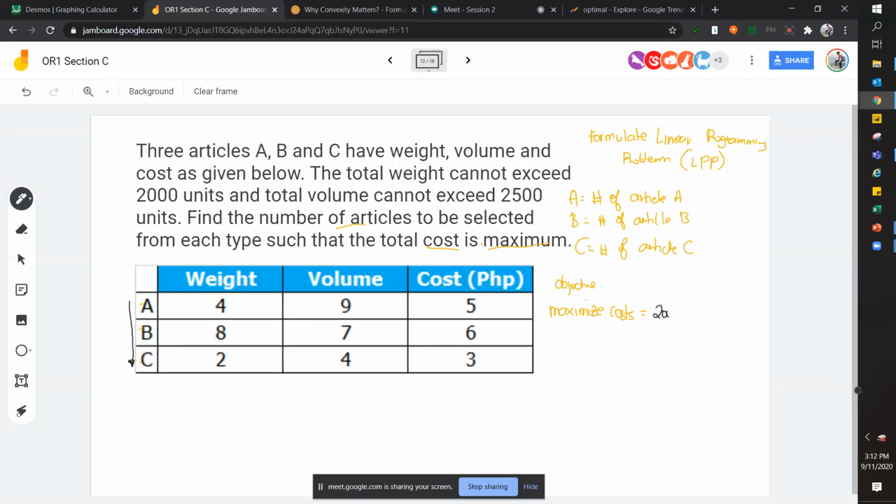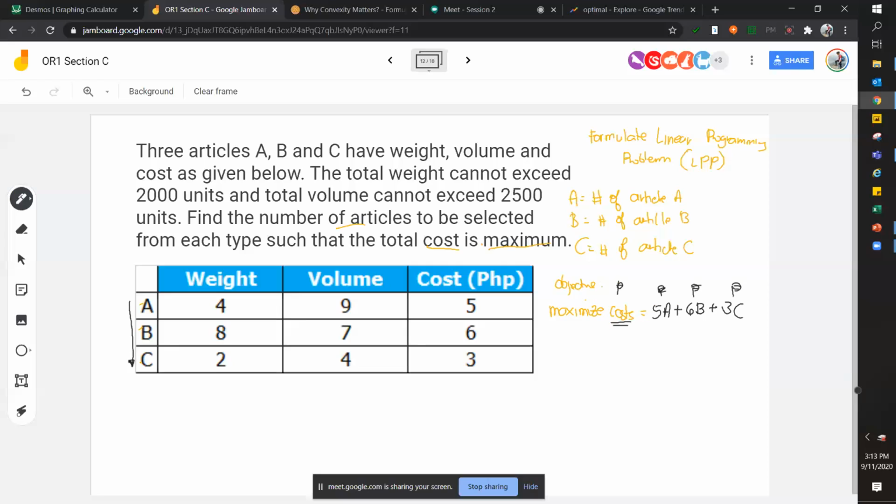Okay. Again, cost ng usapan natin na cost. Ibig sabihin, okay. So, 5A. So, parang ang magiging unit nito, peso, peso, peso, and then peso. So, tama.